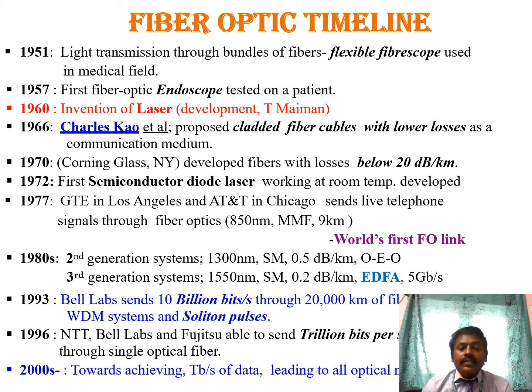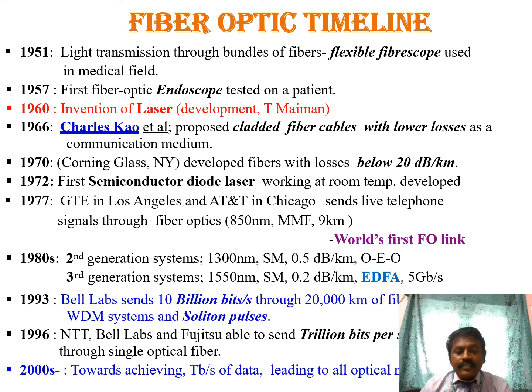Then the third generation shifted to a higher wavelength, 1550 nanometer, with less loss, 0.2 dB per kilometer, where they used an erbium doped fiber amplifier. The data rate was 5 gigabits per second in the third generation. In 1993, 10 billion bits per second were transmitted through fiber over a longer distance of 20,000 kilometers, using the technologies called wavelength division multiplexing and the soliton pulse.